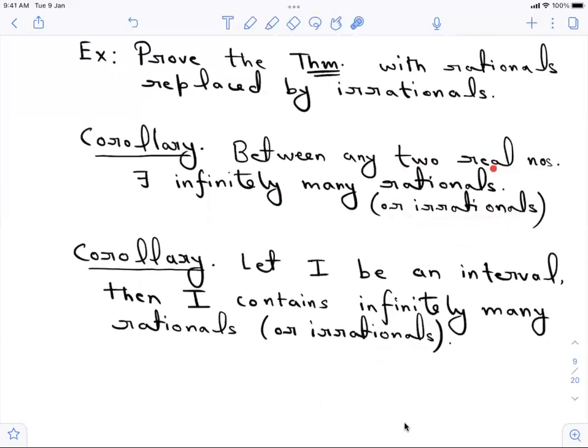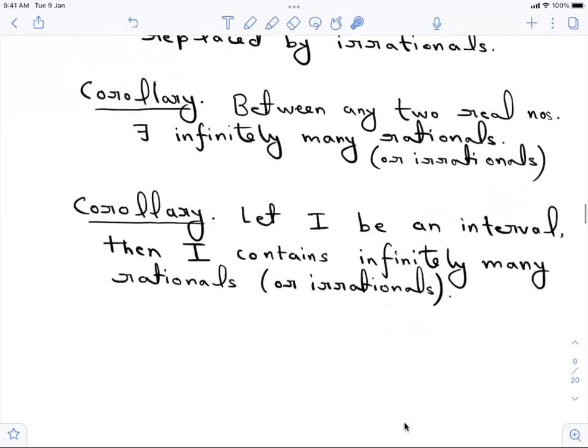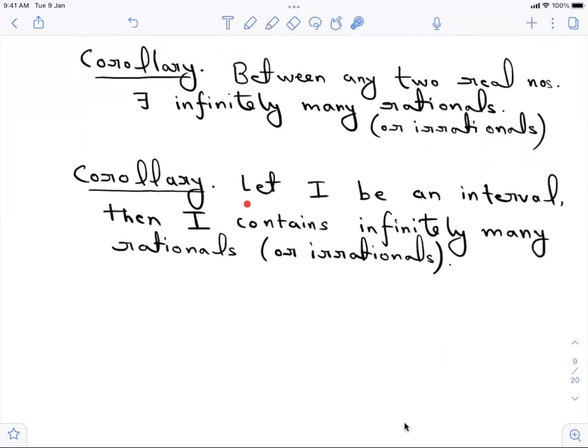So between any two real numbers, you can find infinitely many rationals or irrationals. As a corollary, and once again I'm leaving this as an exercise for you to think about, if I is an interval, then I contains infinitely many rationals. Once again, it follows from here.